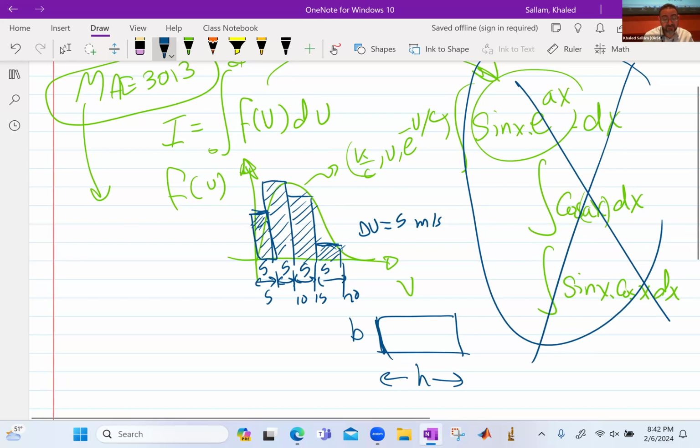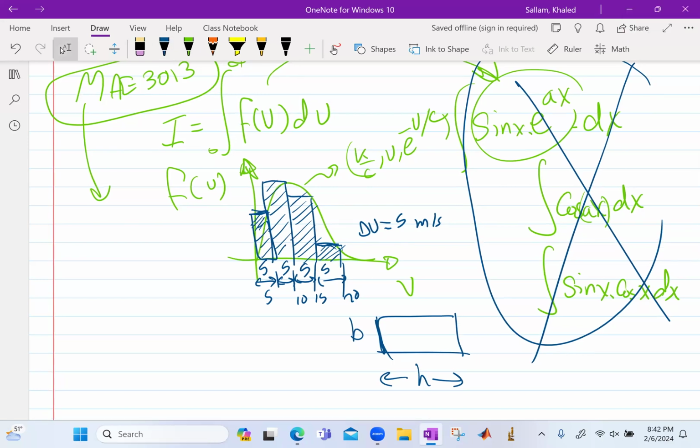First of all, this is numerical integration, and this is called the rectangular rule. The rectangular rule has the lowest accuracy, but it can really improve if you make delta v very small. Then there is the trapezoidal method, and then there is Simpson's rule.